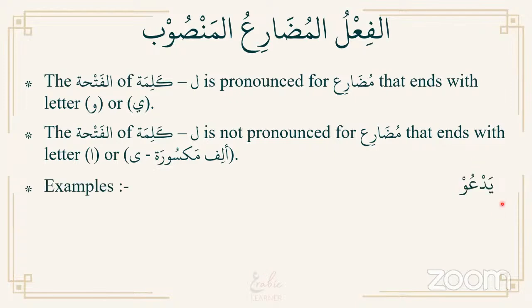Yad'u. Now I want to make this as Nasab. Let's say I put Lan before this. So now is there a Waw here? There is no Alif. So there is Waw here, though it is Sukun, but you have to make it Nasab. So in that case, you have to pronounce the Fatha here.